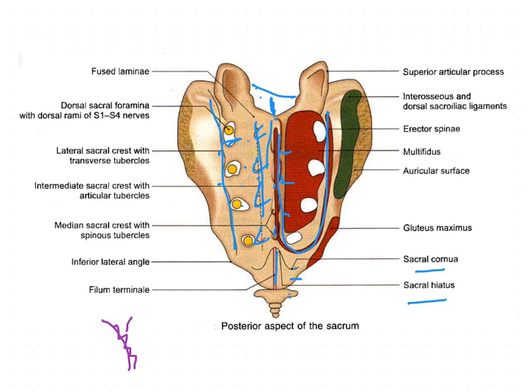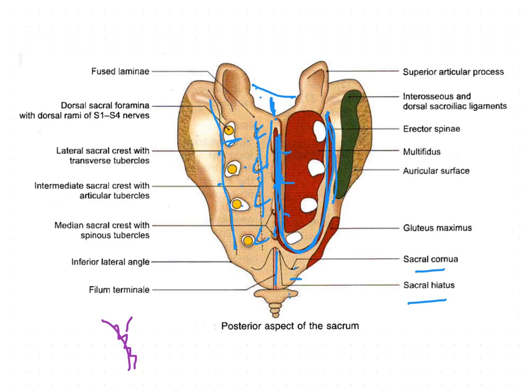So the transverse tubercles are related to the lateral crest, whereas the spinous processes are related to the median crest.